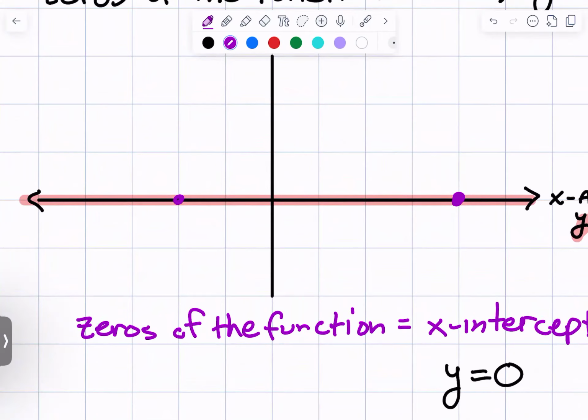Why is that important? What can I find now? The AOS. I can find my axis of symmetry. Yeah. If I have 2 points that are along a horizontal line like that, right? My x-intercepts. I know right in the middle, that's going to be my axis of symmetry, right?